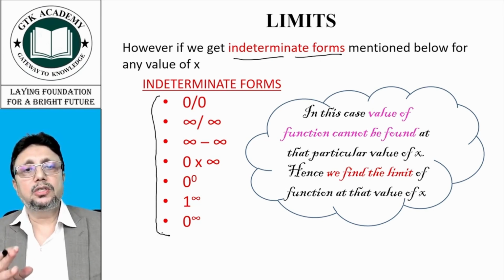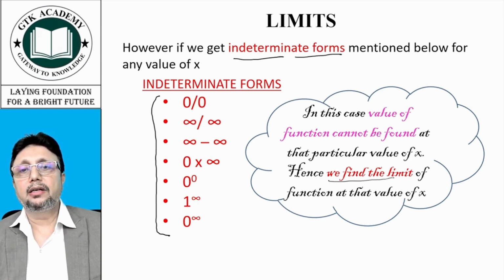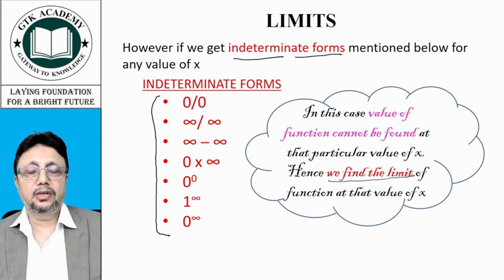If the function assumes any of these forms, then it is not possible for us to find the value of the function. Then we have to find the limit of the function.